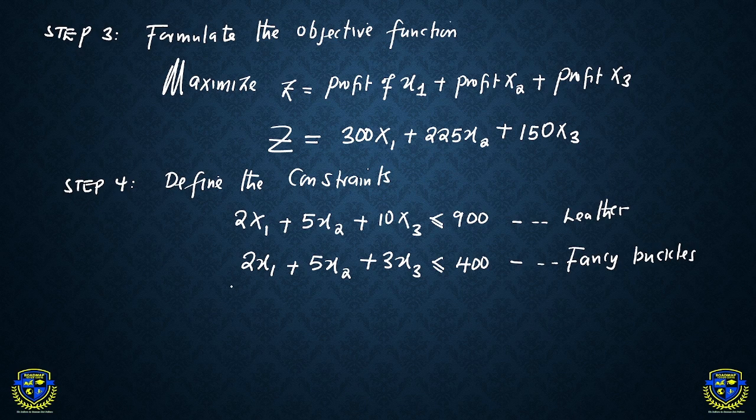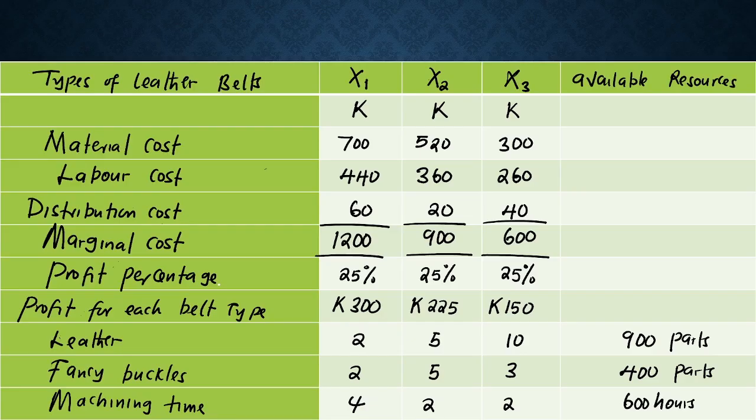Now, the last one there for machining time, we have got 4 for x sub 1, 2 for x sub 2, then 2 for x sub 3.